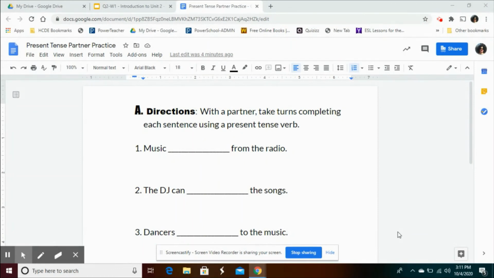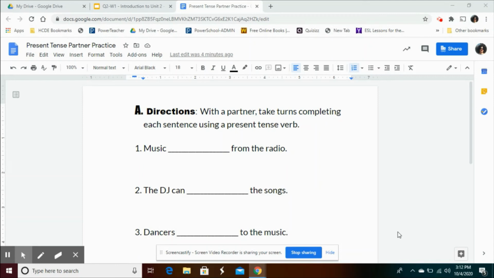Well, I'm not giving you a word bank, although I could, but I am not, because I want you to think about this, okay? So I could say music blares from the radio, because we already said that our subject music is singular, correct? So our verb blare needs an S. So it becomes blares. Music blares from the radio.